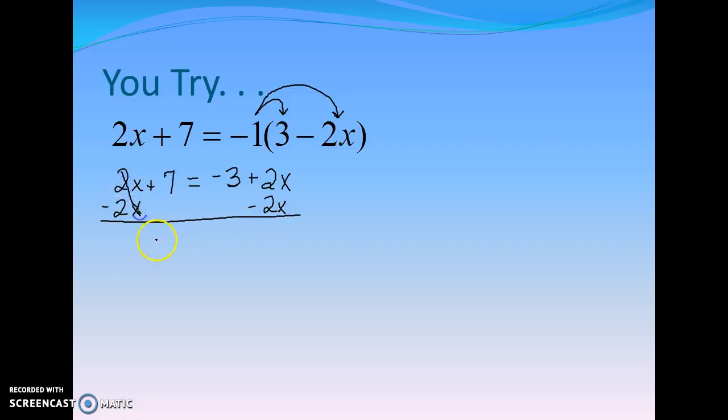My 2x's drop out over here. I'm left with a 7. My 2x's drop out over on the right side as well, and I'm left with a negative 3. 7 is not at all equal to negative 3. Those are very different values. So that means this is a false statement. And once again, that means there is no real solution to this equation.